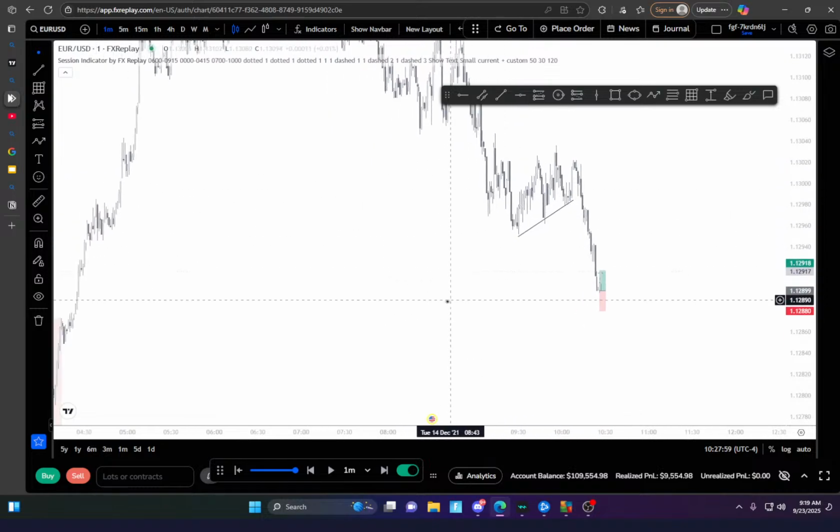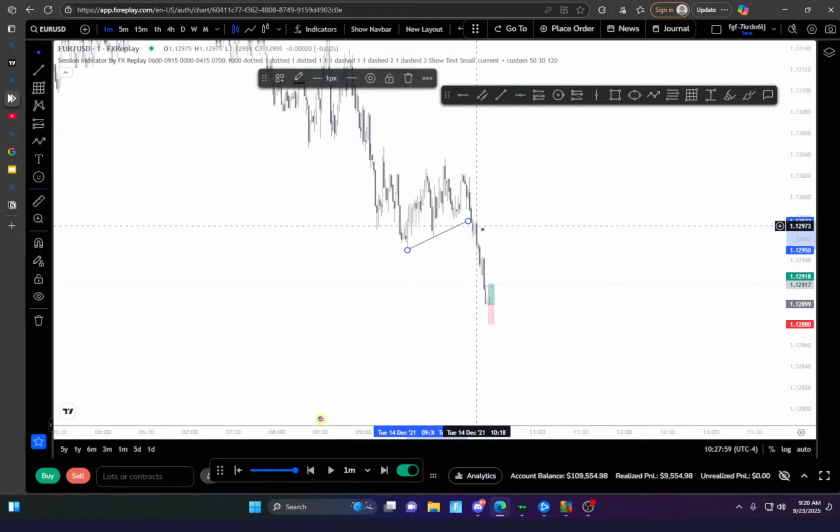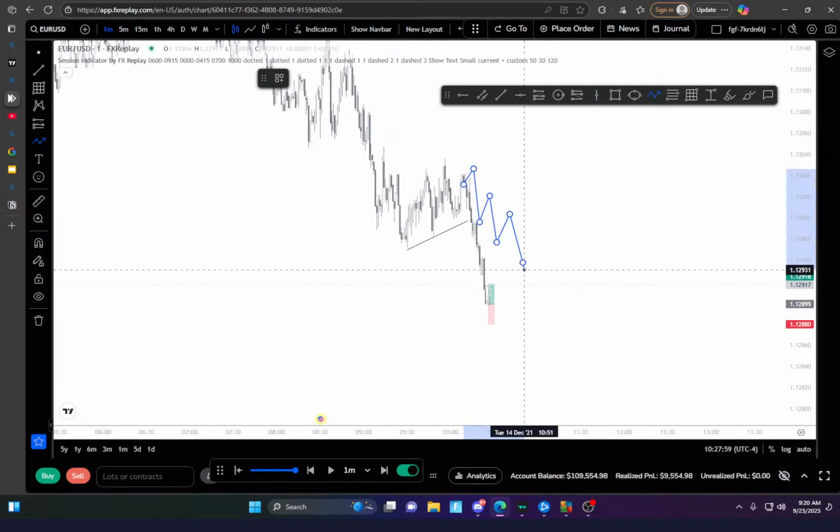Huge inducement candle. After that, what do we have? I said inducement candle. This right here is important because this was overall a lower time frame trend change though.